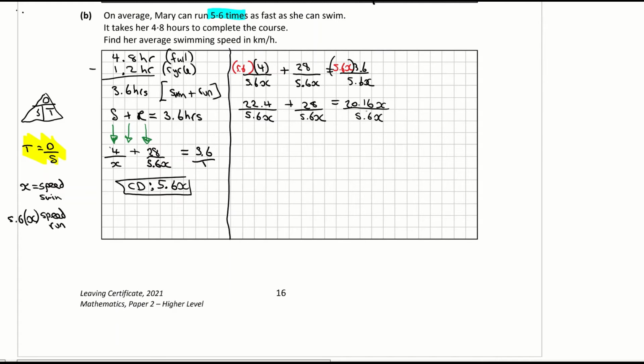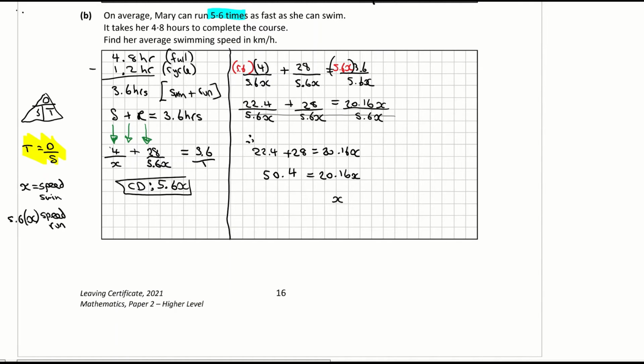Now I'm going to drop my denominator because they're all equal to each other. So I basically just need to solve the linear equation: 22.4 plus 28 equals 20.16x. Adding the left-hand side gets me to 50.4 equals 20.16x.